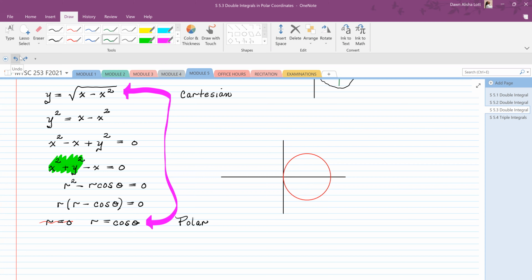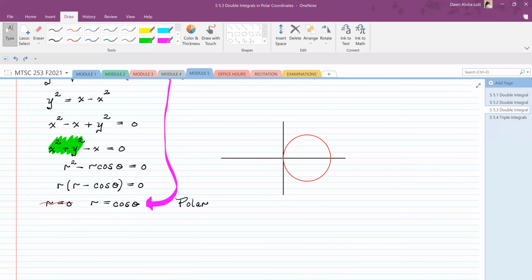So minus pi over 2 is less than theta is less than pi over 2, and 0 is less than r is less than cosine theta.